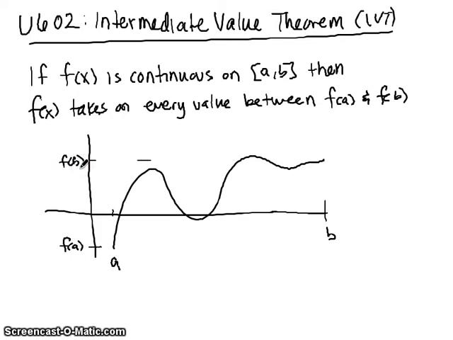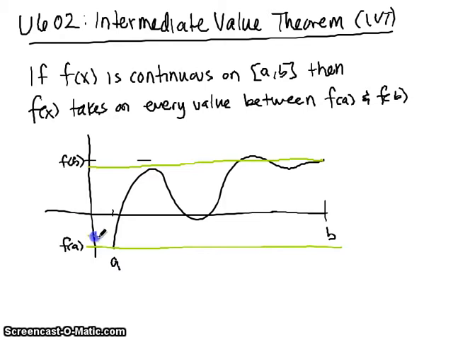So if we have some random function like we have here, all the intermediate value theorem is saying is if you take one endpoint and you look at its y value, and you take the other endpoint and you look at its y value, every single y value in between those two is going to be hit at least one time.